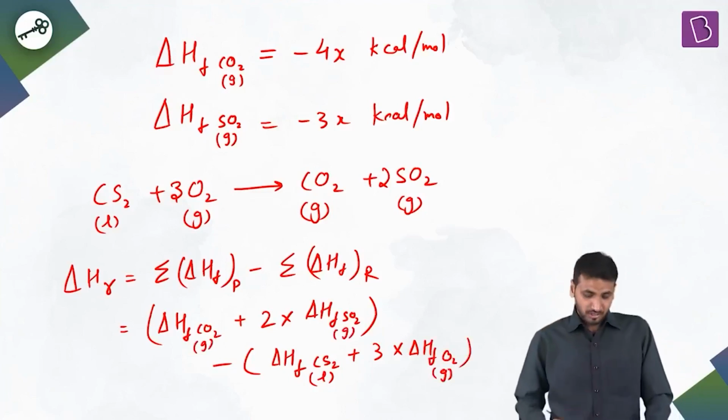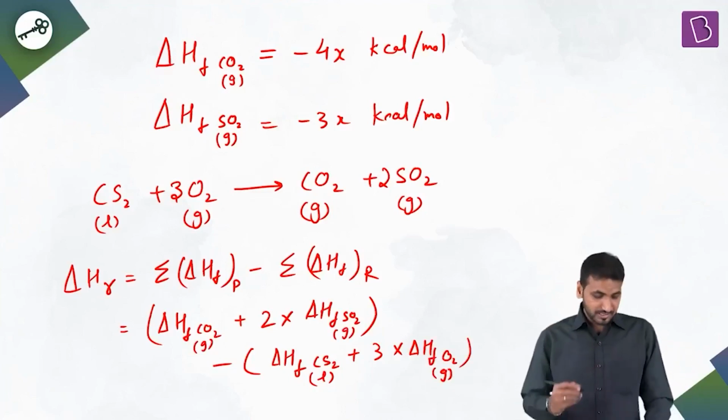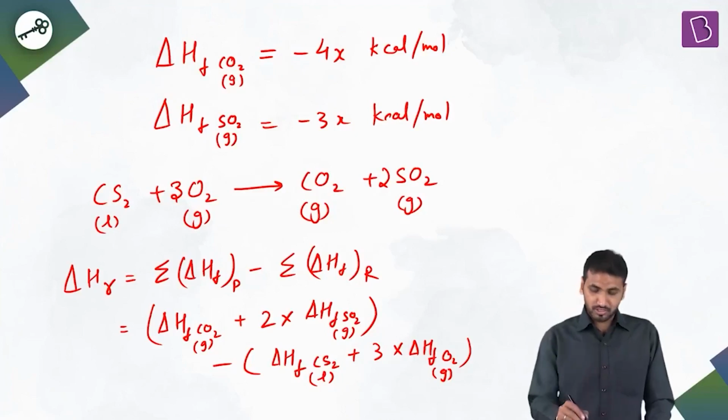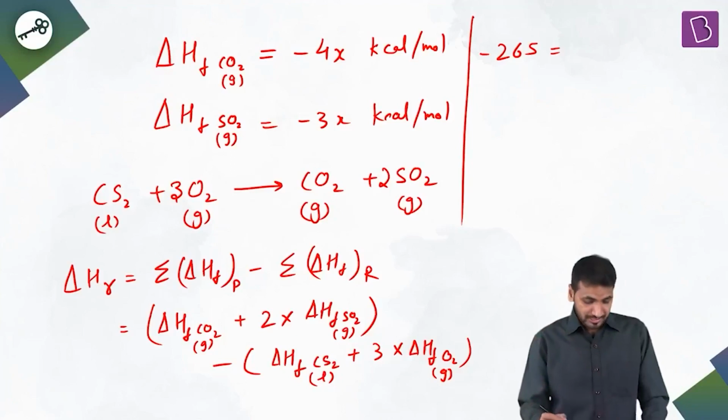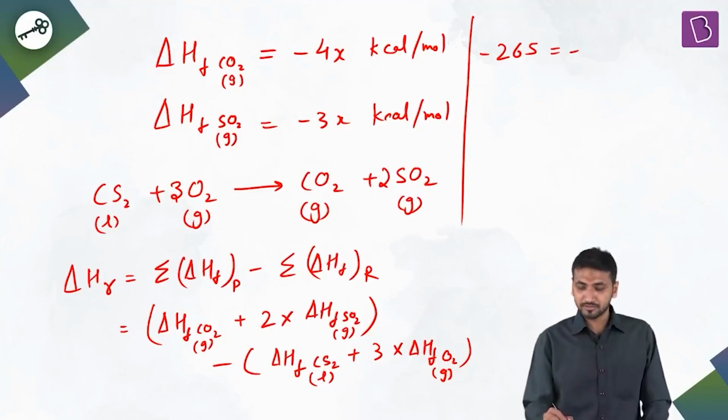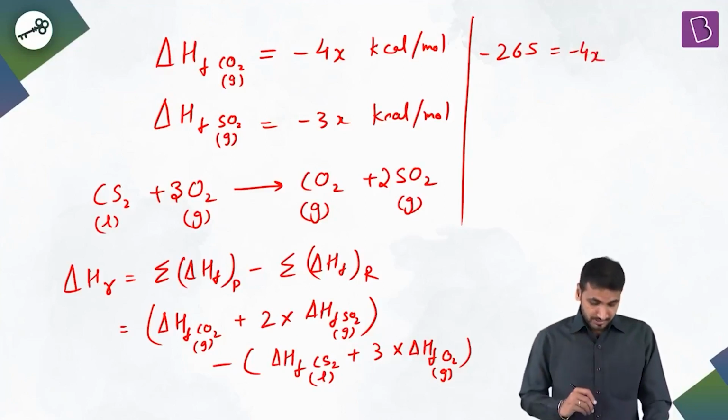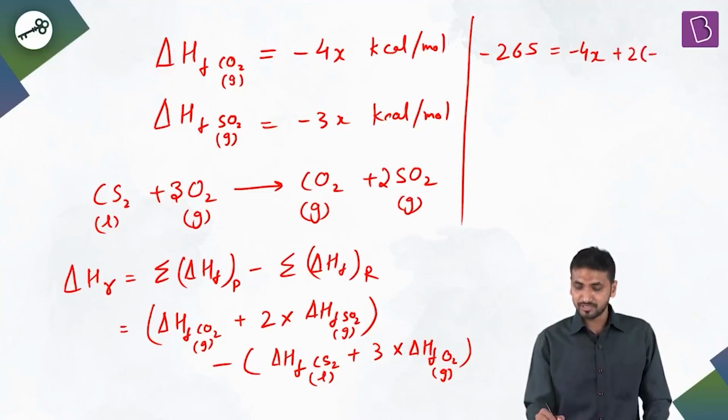Perfect. Now you have some values given. The delta H of the reaction is given to be what? I'll write it here. It is minus 265 kilocalorie. Everywhere the unit is kilocalorie, so no need to worry about that. Delta H formation of CO2, we have assumed it to be minus 4x. Right? Delta H formation of SO2 is minus 3x, and because it is twice, so twice of minus 3x.